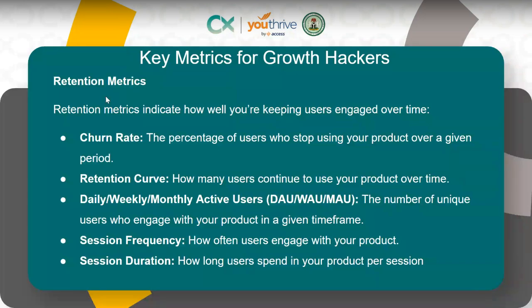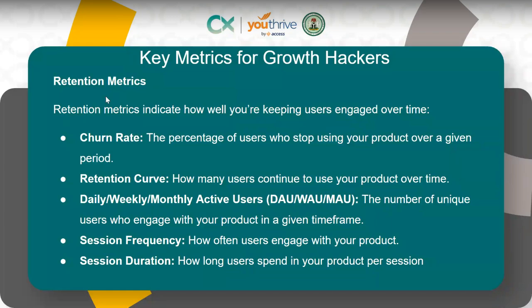Okay. So next one is session frequency. How often users engage with your product. All right, so maybe someone signs up to your solution. A session most likely will be, for example, how many times today can I count how many times some of you have gone to check WhatsApp today.